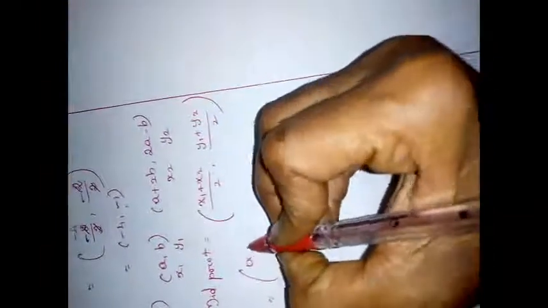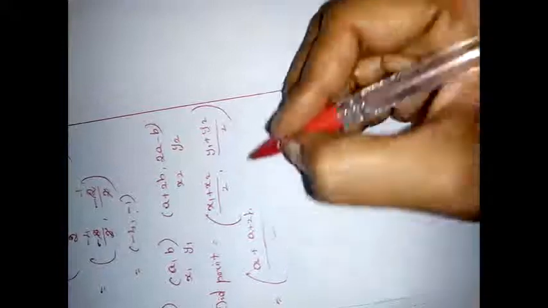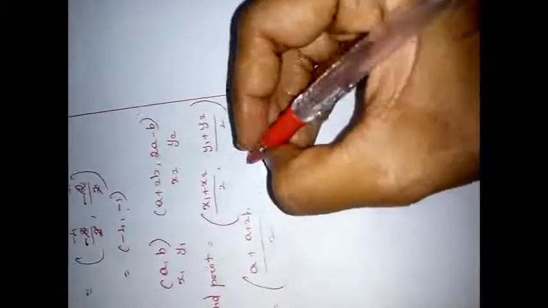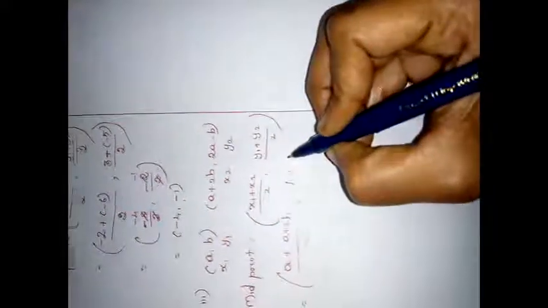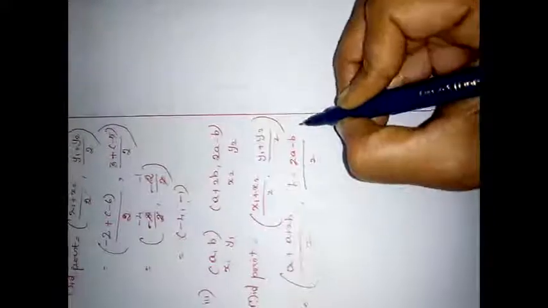applying these points in the formula, x1 is a and x2 is a + 2b, by 2. And second, y1 is b and y2 is 2a - b, by 2.